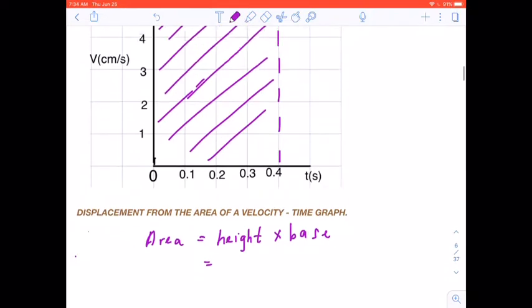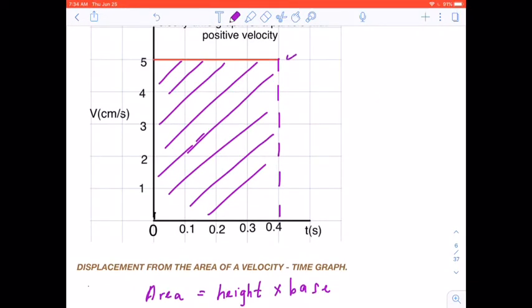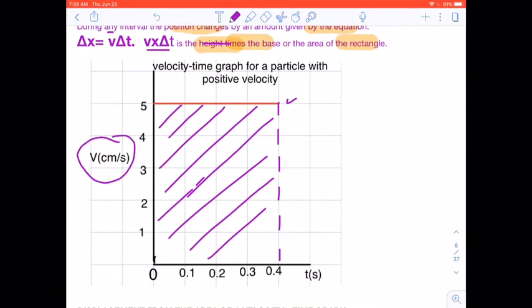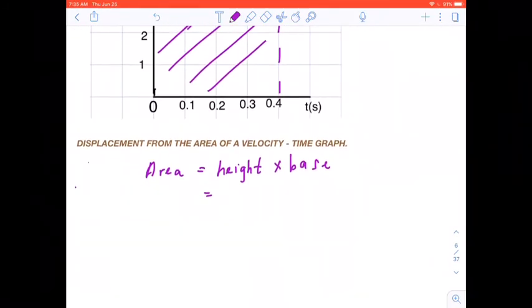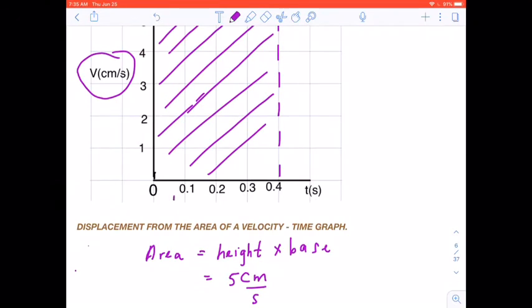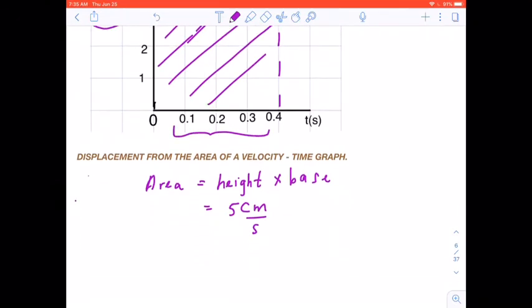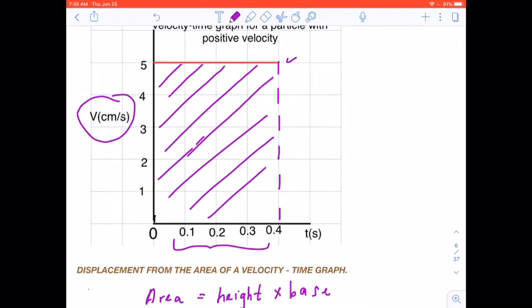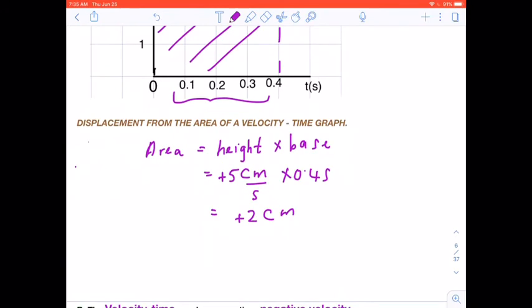But height is actually our speed or our velocity, and that is equal to 5 centimeters per second, and the time interval we're looking at is 0.4 seconds. So 5 times 0.4 seconds gives us 2 centimeters, and that's plus, because we are taking the positive velocity, and that's plus 2 centimeters.